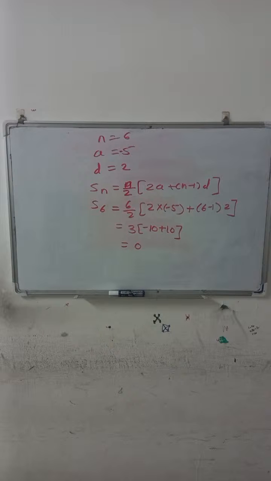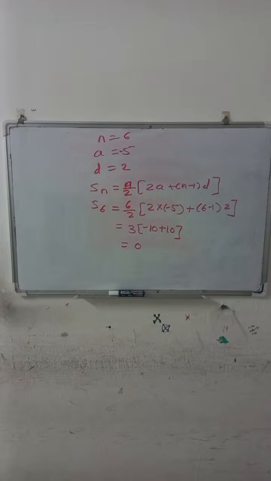So write down, find the sum of first 20 terms of the following AP. And AP is given 1, 4, 7, 10 and so on.